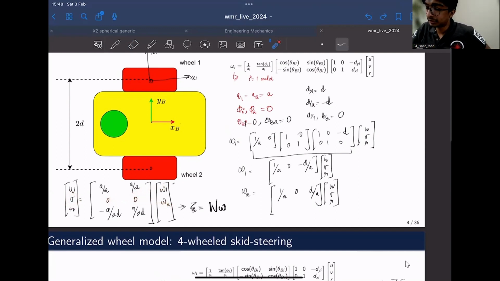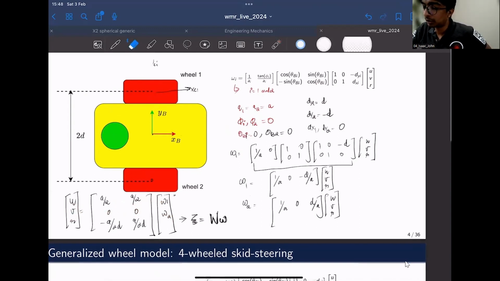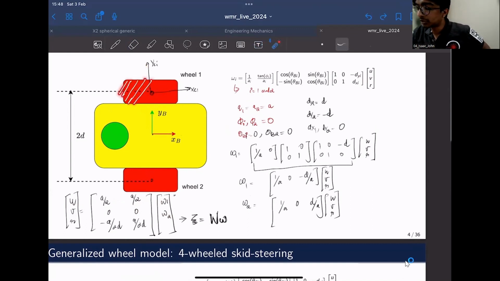So at no instant can this configuration have a velocity along this YC1 axis. It has only two inputs, and it cannot have, because as the resistance along the lateral direction is infinity, it cannot have a pure velocity component along the YB frame.